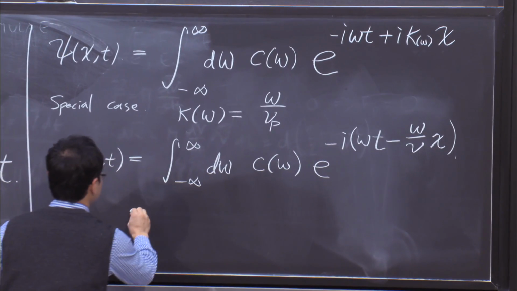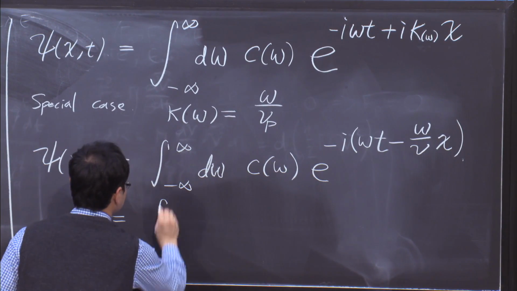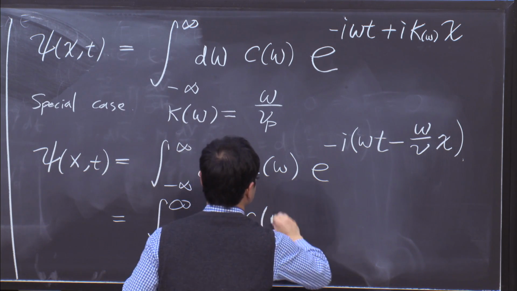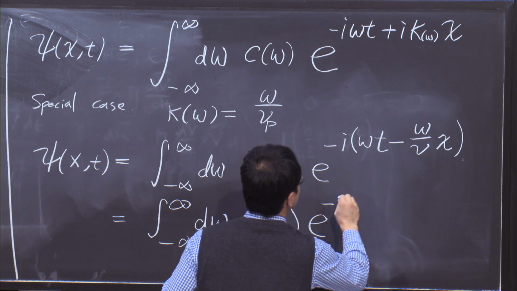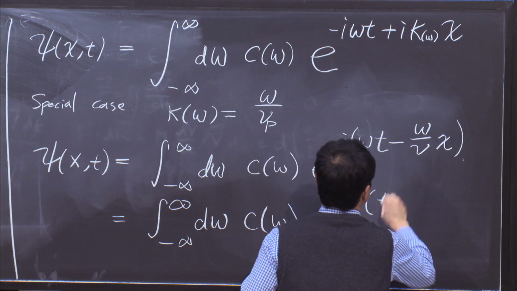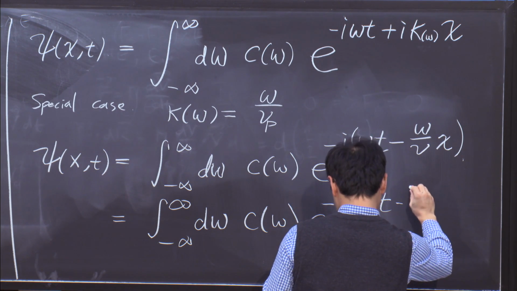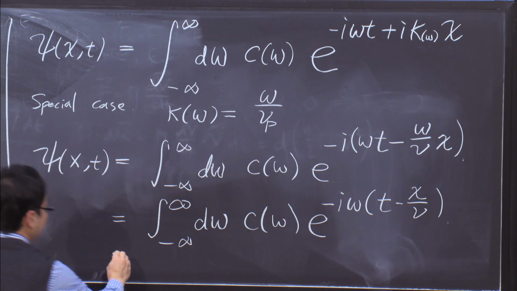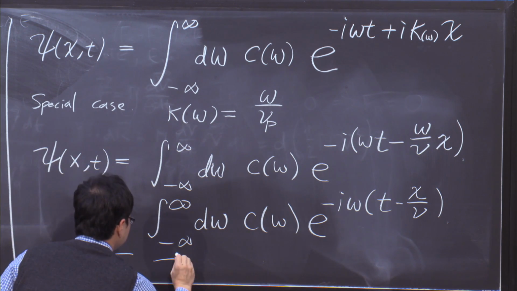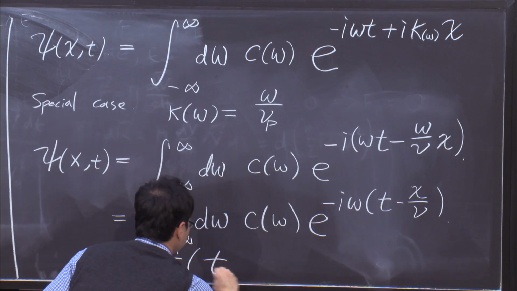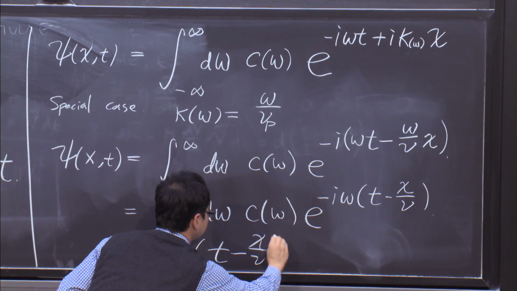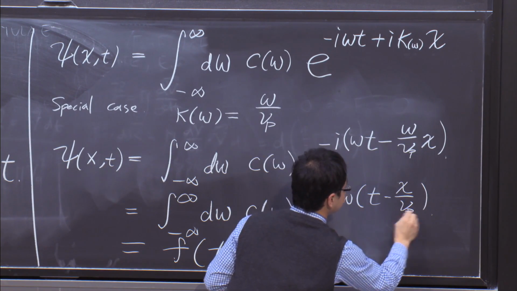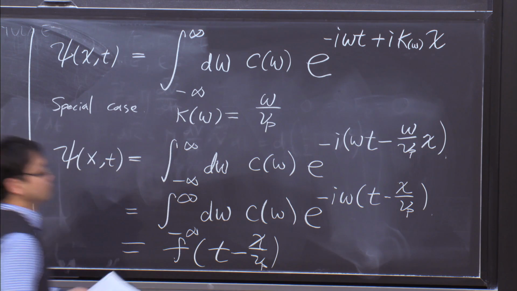And we can take omega out of this: integral from minus infinity to infinity d omega C of omega exponential minus i omega times t minus x divided by v. And you can see that, indeed, this is actually f of t minus x over v. I'm dropping the p here; it should be vp all over the place, right?